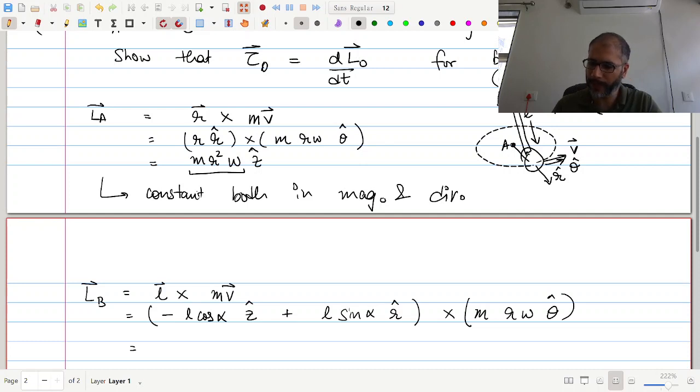The way we have defined r theta and z, z cross theta becomes minus r hat. So this becomes L cos alpha m r omega with an r hat. So negative sign gets cancelled. And the next one is r hat cross theta hat, so that gives us a z hat component.